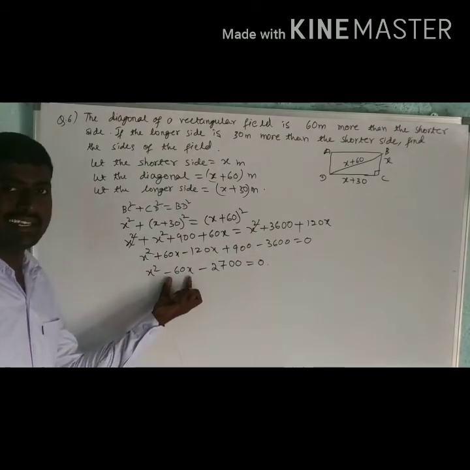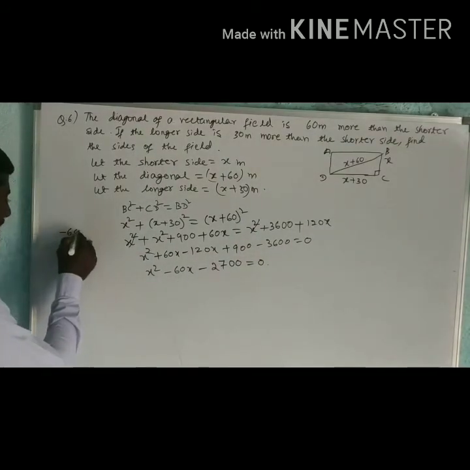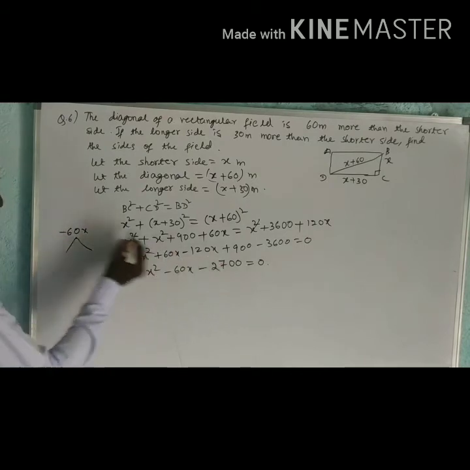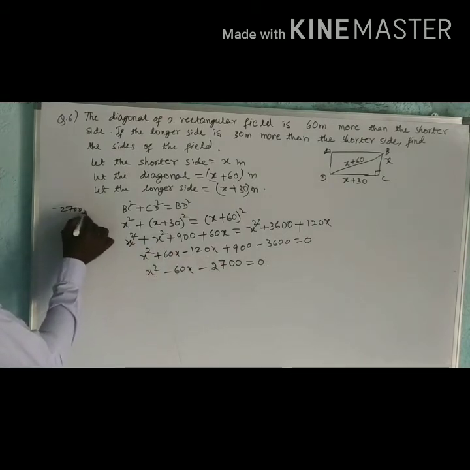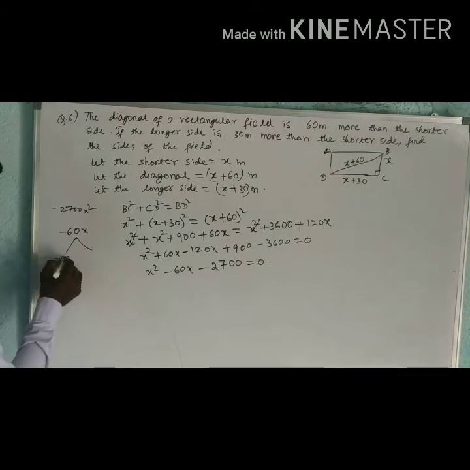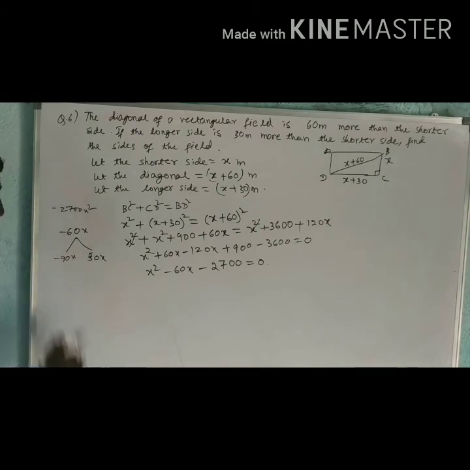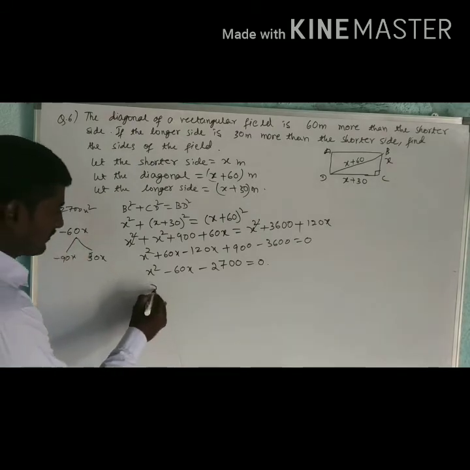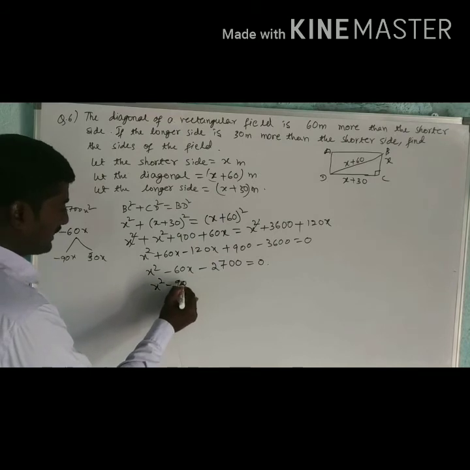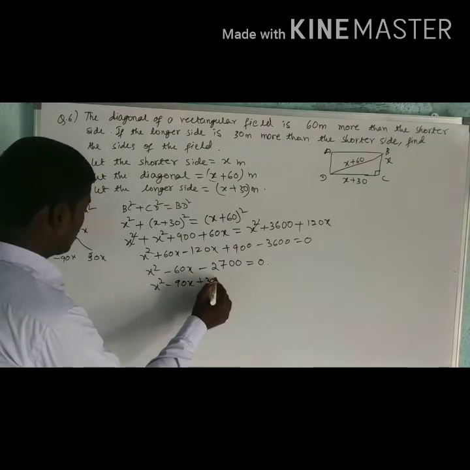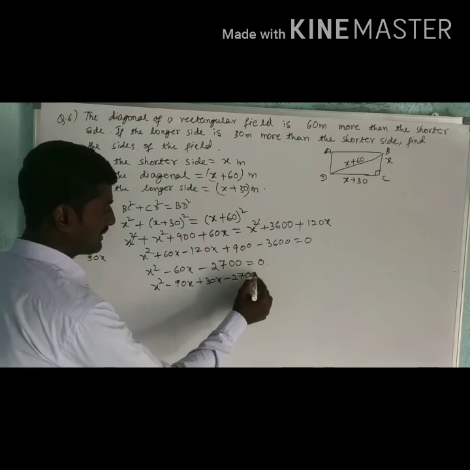Now we'll split minus 60x. It can be written as minus 90x plus 30x. So minus 90 plus 30, that is minus 60x. Multiplying, 90 times 30 is 2700, so x square minus 90x plus 30x minus 2700 is equal to 0.